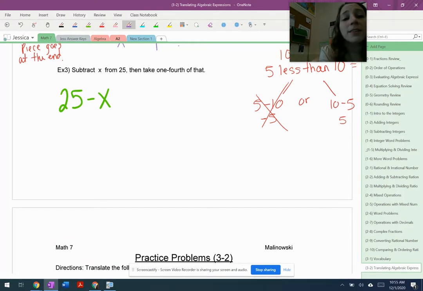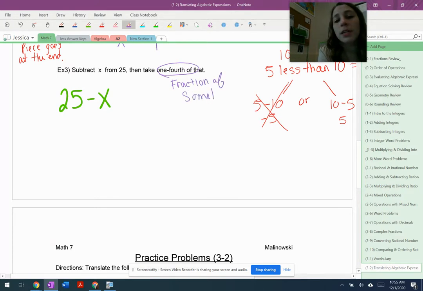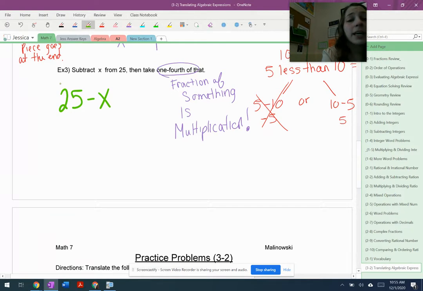Remembering from last unit, when we want 1/4 of something, a fraction of something, that is multiplication. So when it wants 1/2 of something, that's 1/2 times x. So I'm subtracting, and then, just like in that other one with the groupings, I'm then going to multiply by that 1/4.